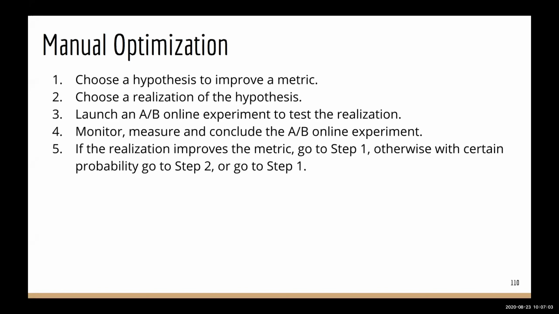Then you take a look at whether that color of the button would increase the conversion rate. And if it really improves, it means that idea works. You go back, you choose another idea, and you keep going. So this is, at a very high level, what manual optimization looks like.